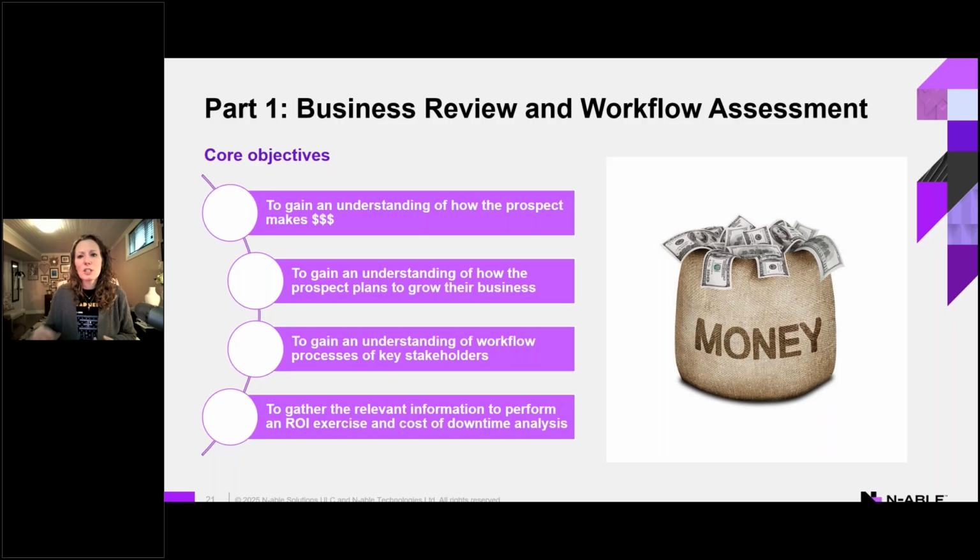Also, as part of this section, we're going to want to gain an understanding of the prospect's goals and objectives, and review their current and future plans to grow the business further, because through your assessment, you're going to want to highlight any limitations currently present in their technology setup that might make the desired growth more challenging for them, or maybe unrealistic, if they don't make changes to their technology infrastructure.